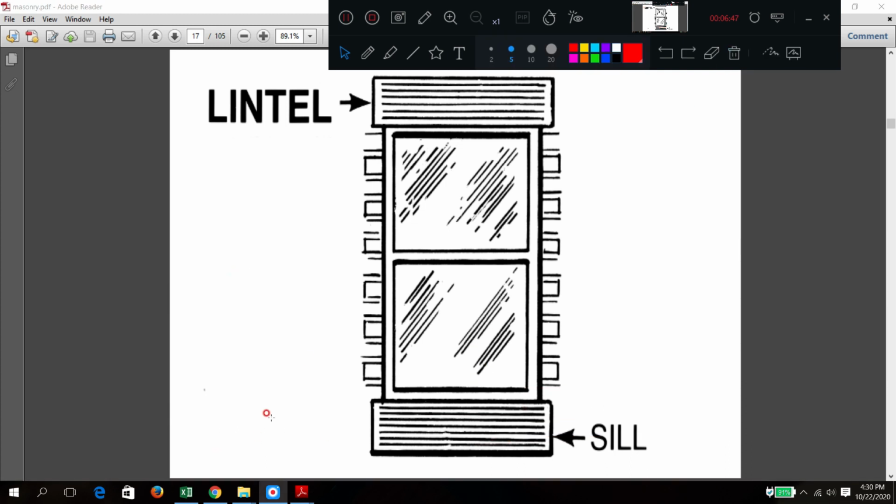If there is any opening, maybe a door, maybe a window, the bottom portion is called a sill. On the top of the door, on the top of the window, we get the lintel.